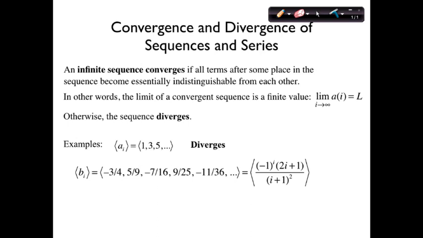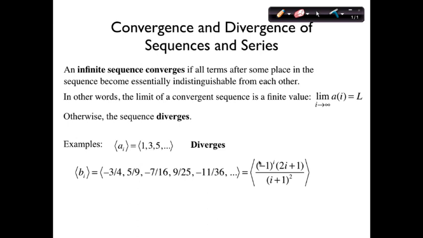-3/4, 5/9, -7/16, 9/25, -11/36, and here was the formula for that. So you can look at the sequence of numbers and kind of scratch your head, but then the formula is really helpful, right? Because now we can go back to limits from pre-calculus, or even Calc 1.